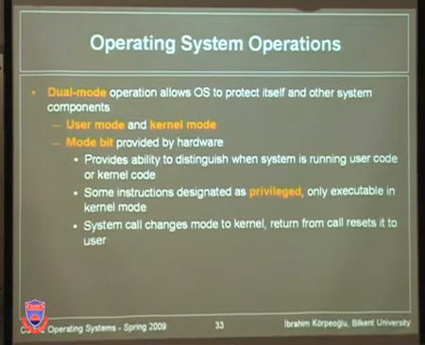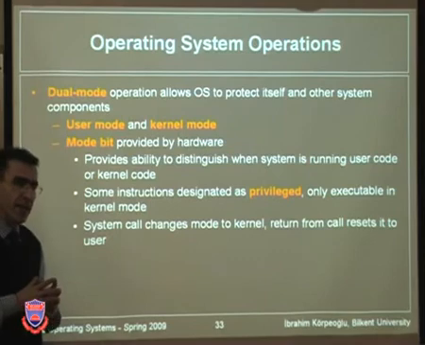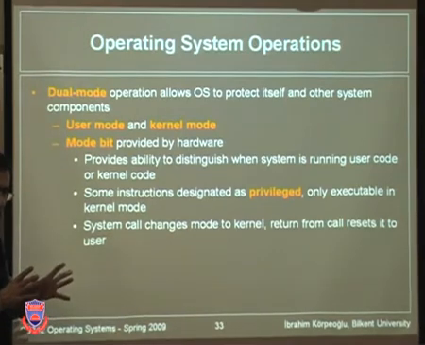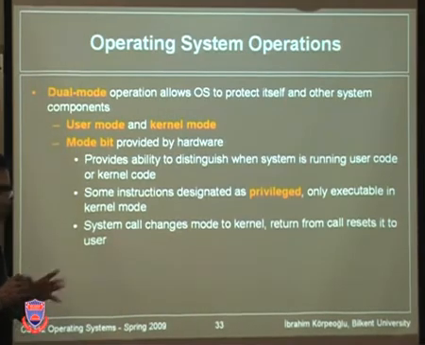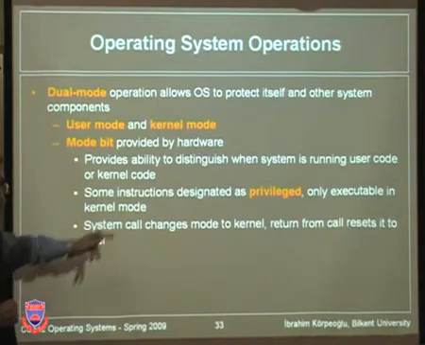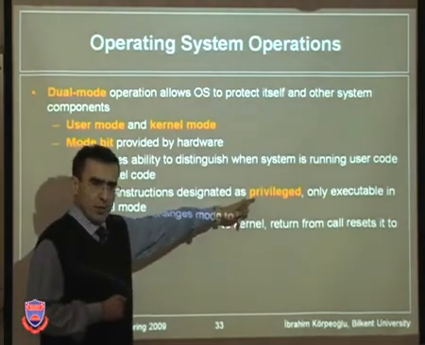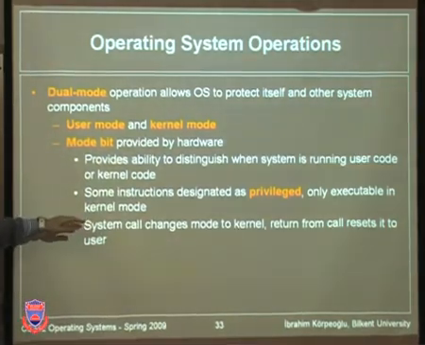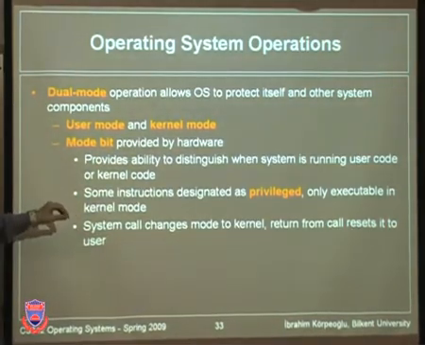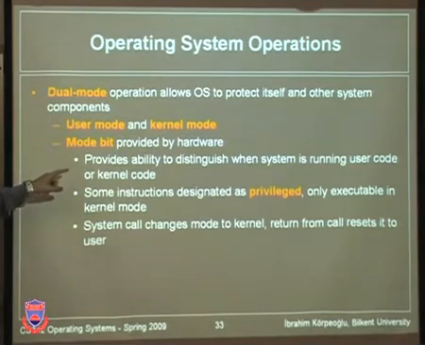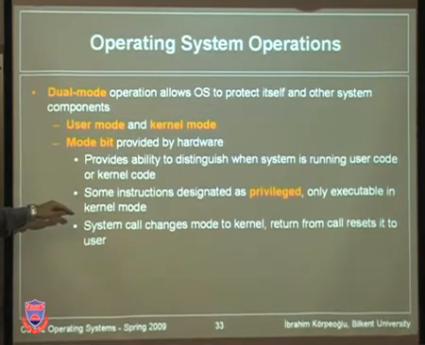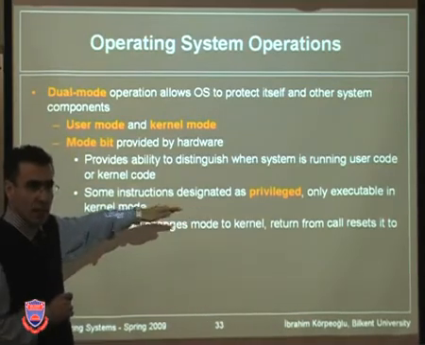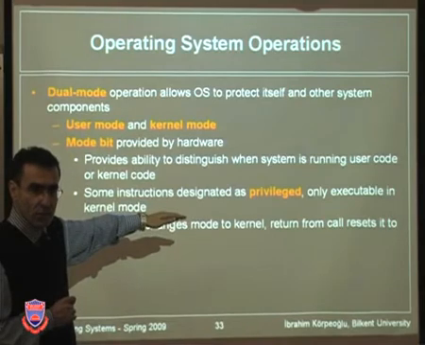And the hardware is designed in such a way that some instructions available in the instruction set of the architecture are privileged, okay? They are only executable on the CPU if the mode bit of the CPU is 0, kernel mode. Otherwise, the CPU will deny executing those privileged instructions, okay?